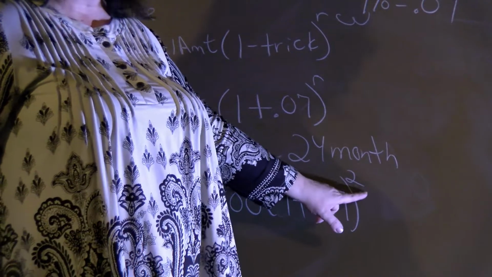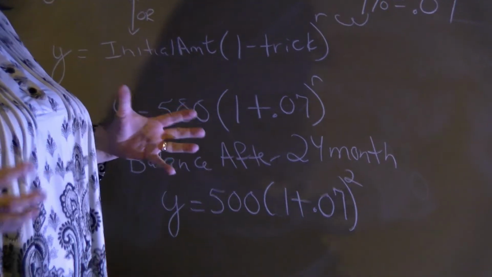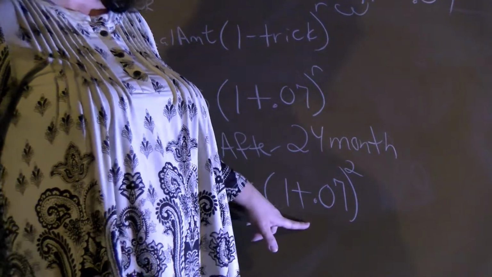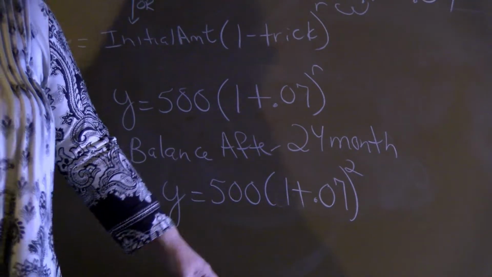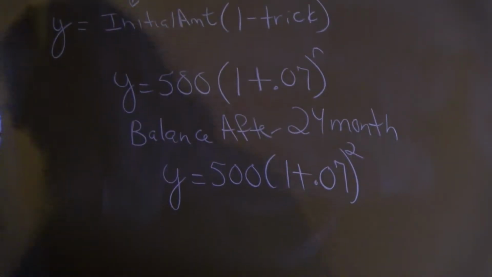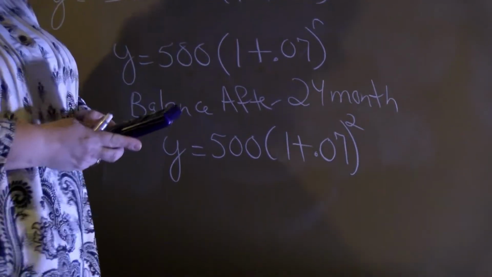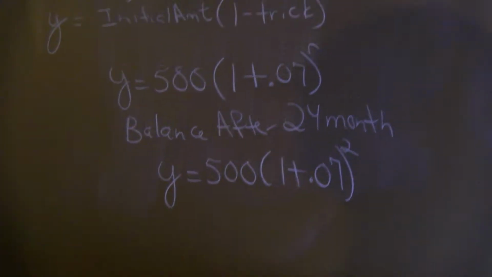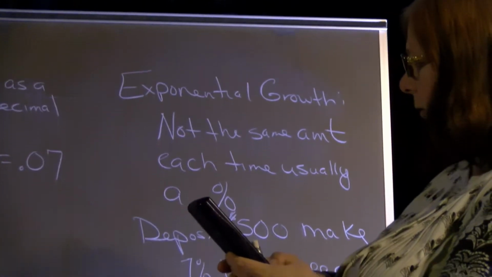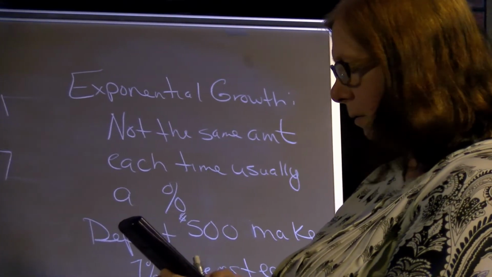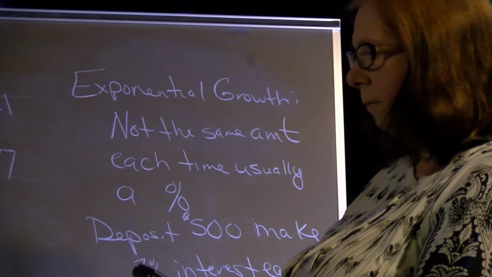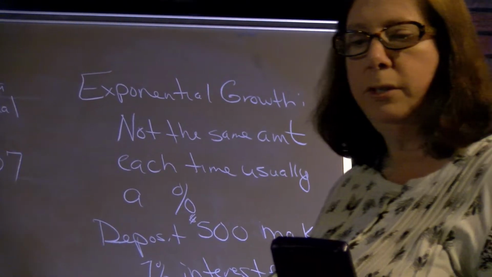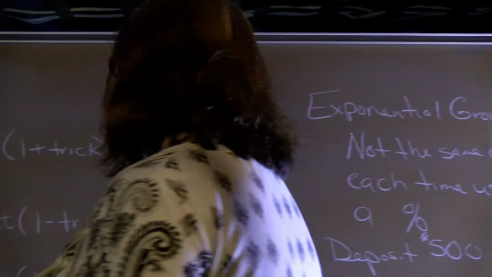Remember, this part you will need an exponent. If your calculator doesn't do it all at once, do inside parentheses, then do the exponent, and then multiply by the initial amount. If we plug this into our calculator, you should get $572.45.